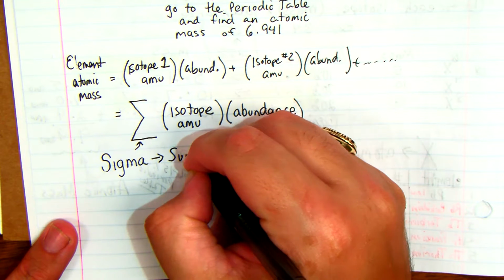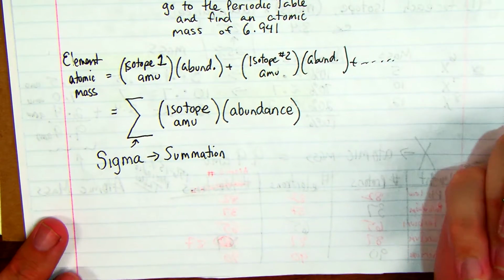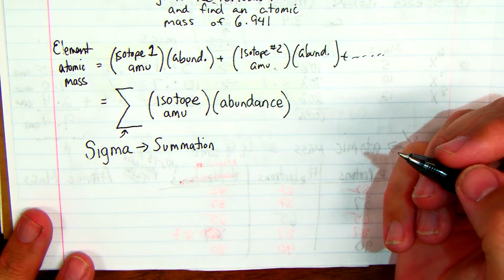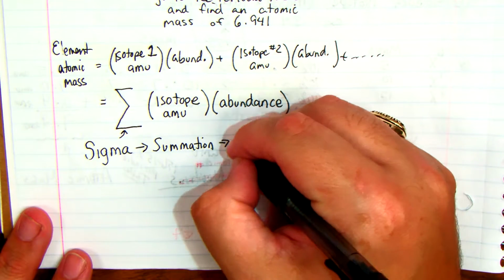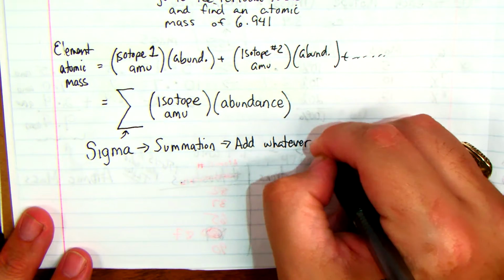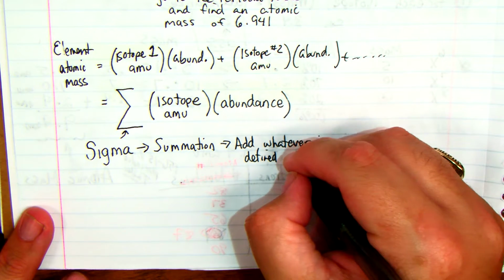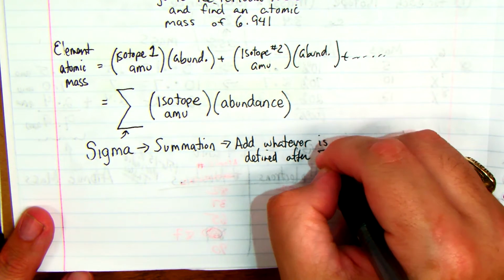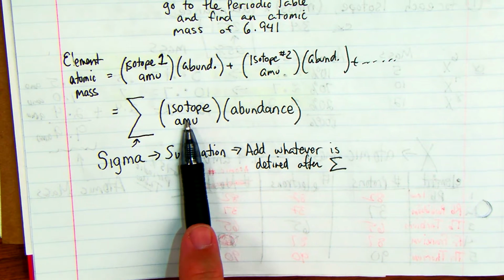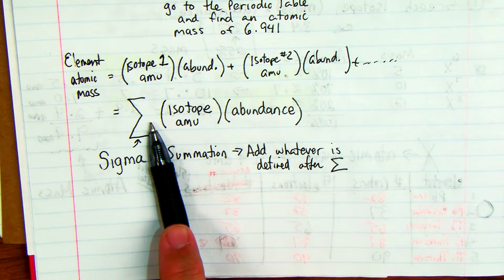Now, what operation do you think is summation? Adding. So this is going to be add whatever is defined after the sigma. So it's the isotope AMU times its abundance. And this says add them all up. And so that's what we're going to end up doing. We're going to have to add them all up when we get to that.